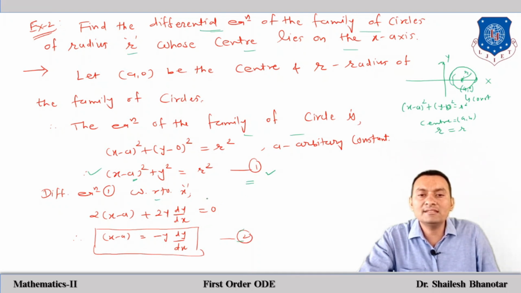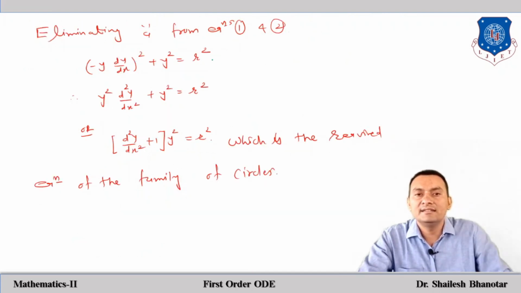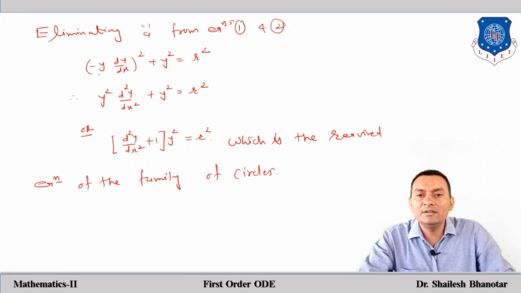Using the two equations, I have to remove this constant a. So it is better if I replace x minus a by this one. Our equation will be this, where x minus a is replaced by this quantity, and after simplifying you will get this one.